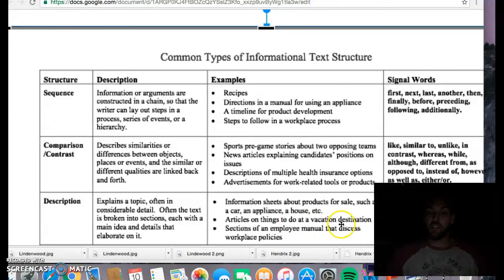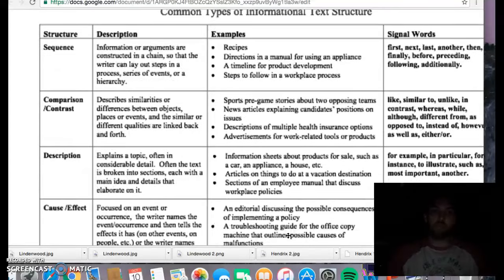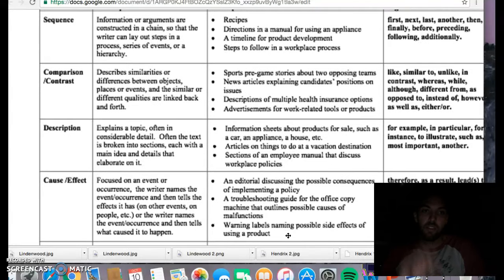Articles on things like a vacation, or an employee manual that tells you policies. Describing what's acceptable, what's not. Think of a handbook for Live for Life. What are you allowed to do? What are you not allowed to do? It describes it.